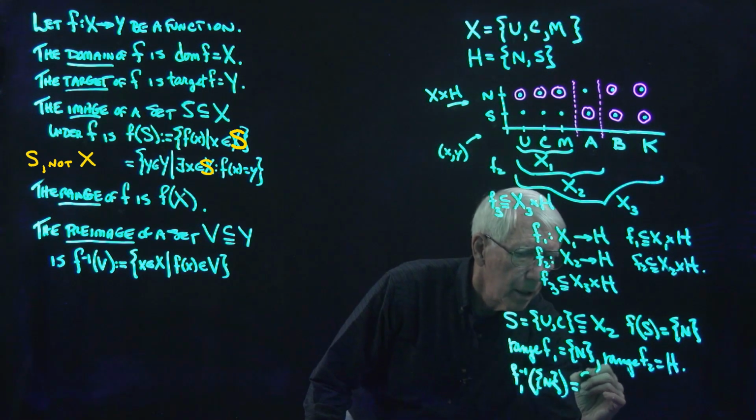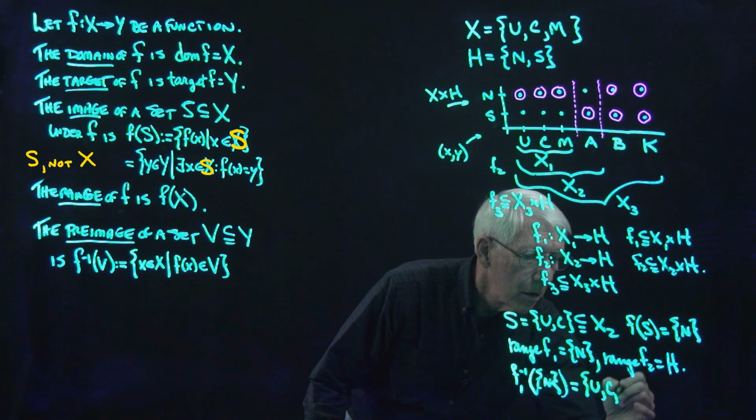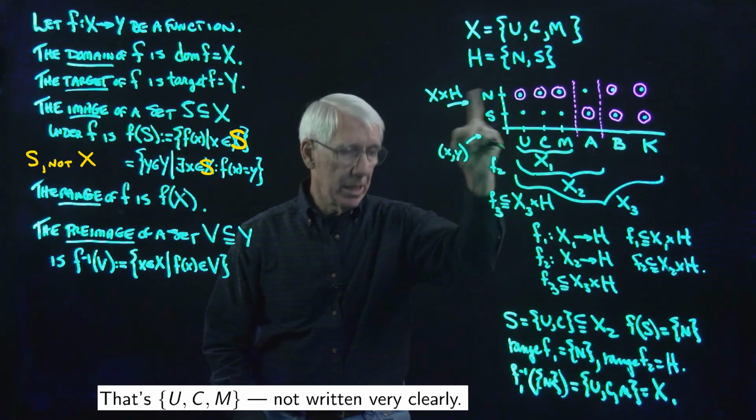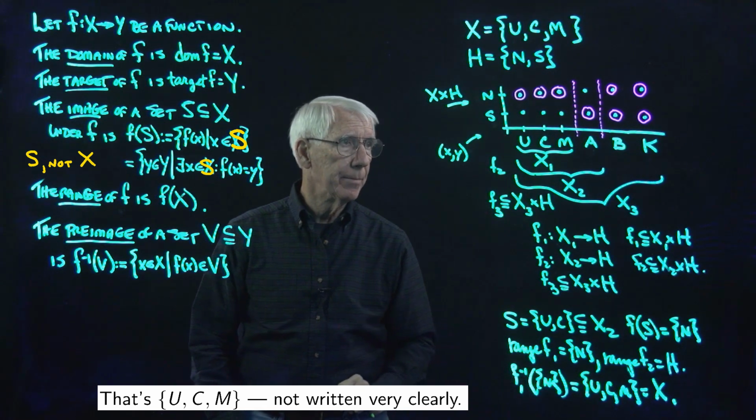They're all points in the domain that get mapped into n.